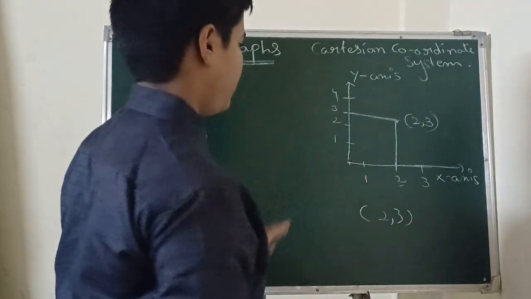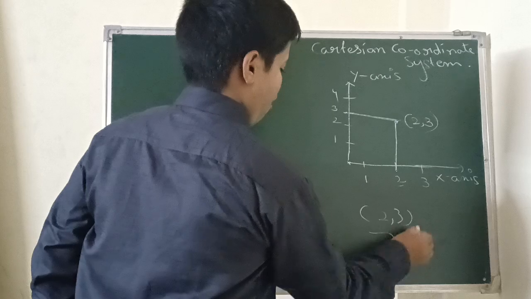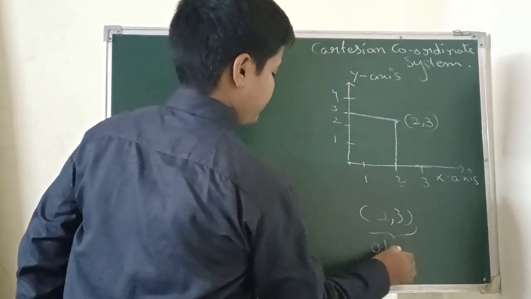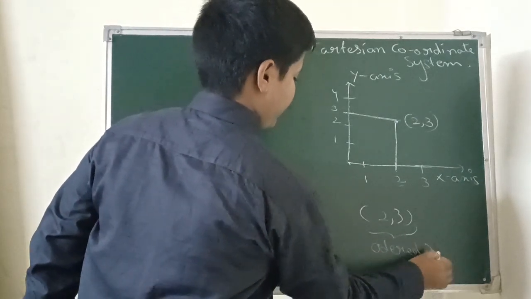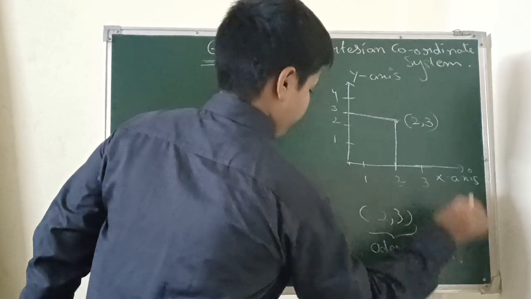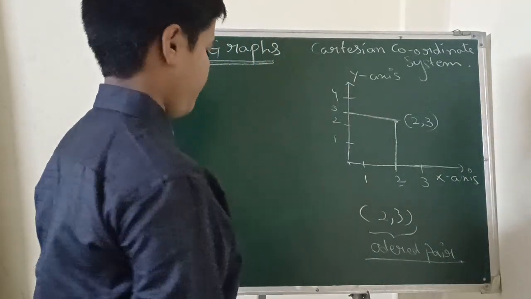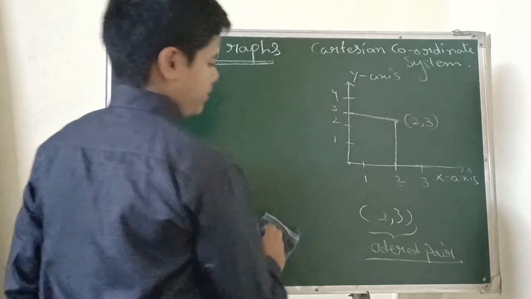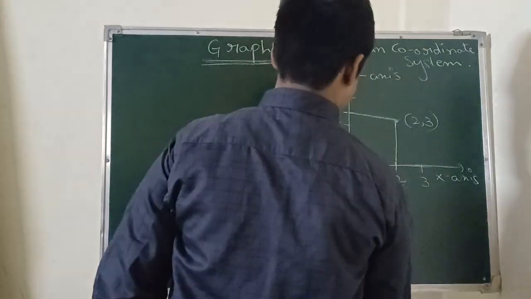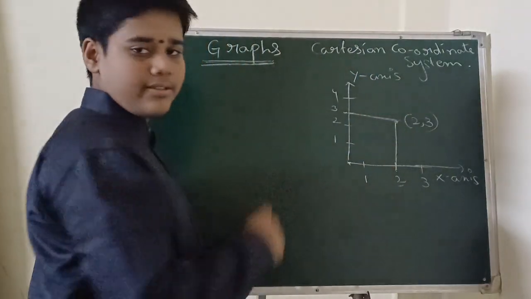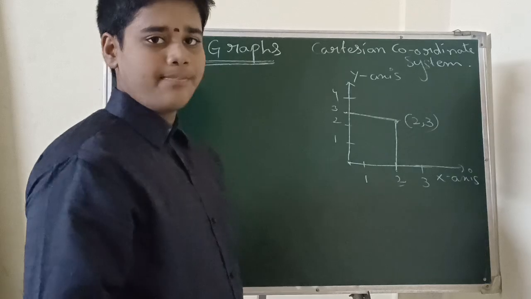Okay. So this is an ordered pair. Remember this? This is an ordered pair. So this is the basic introduction of this coordinate system or graphs.